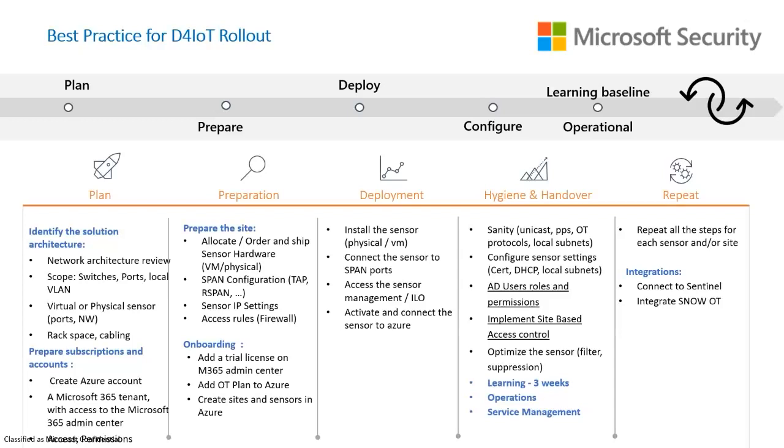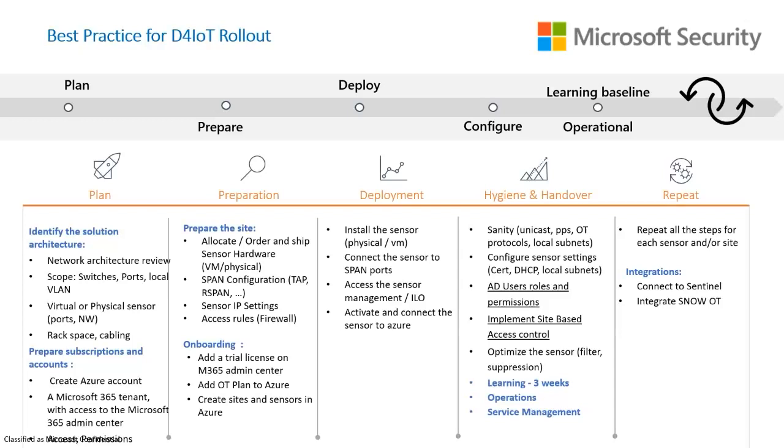We would take a network diagram, review it, see what OT subnets there are, find the specific location to where the sensor would be connected to. This is also the place from a customer standpoint where they decide what sites they want to deploy first, prioritize the sites in terms of which are their crown jewels, which one is a good site to do a pilot or do a first deployment.